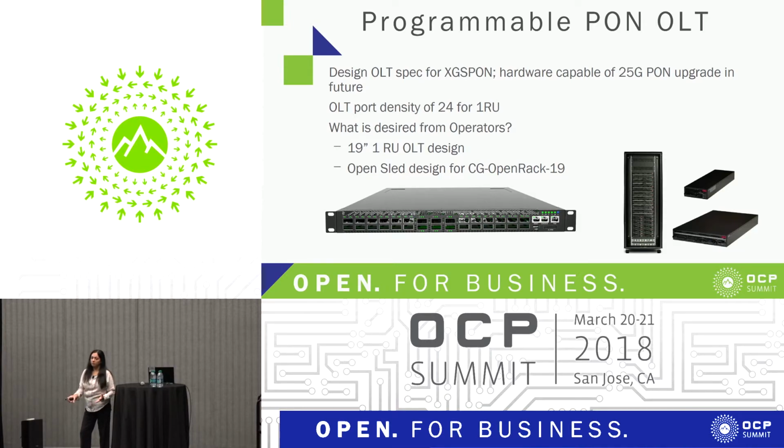What is an optimal design, whether we could go down the path of a similar approach we have with the XGS box, the 19-inch 1RU, or in the morning sessions, a gentleman from Adlink and Radisys talked quite a bit about the CG Open Rack 19. And I mean, that is definitely a good model. It certainly makes it easier to roll into a central office.